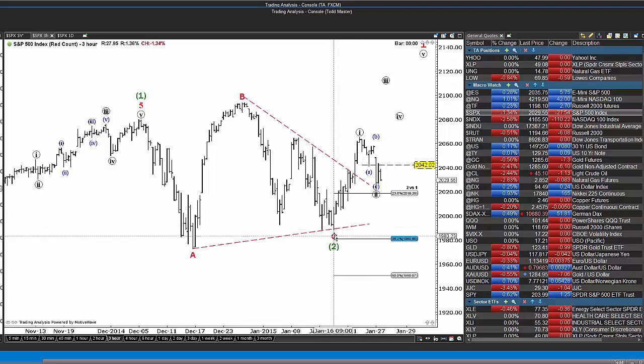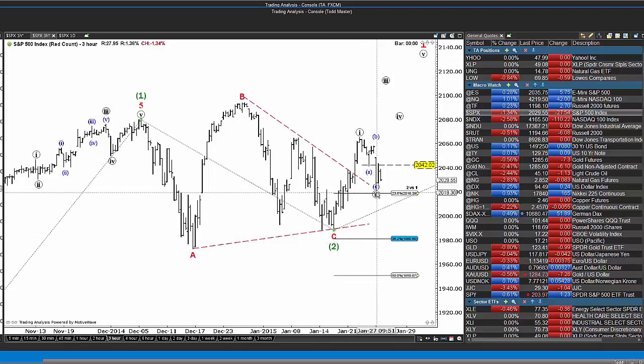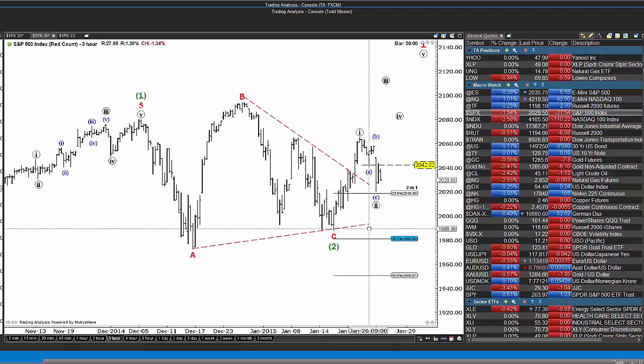Either way, I have this as a triangle here with a wave 2 support, which kind of makes me nervous. But believe it or not, both of my wave counts are bullish. So, no problem, Don. But yeah, primary and alternate counts, I'll definitely save that for another session.